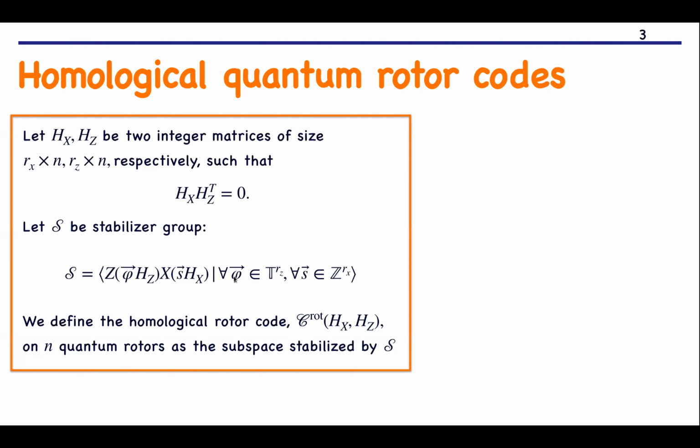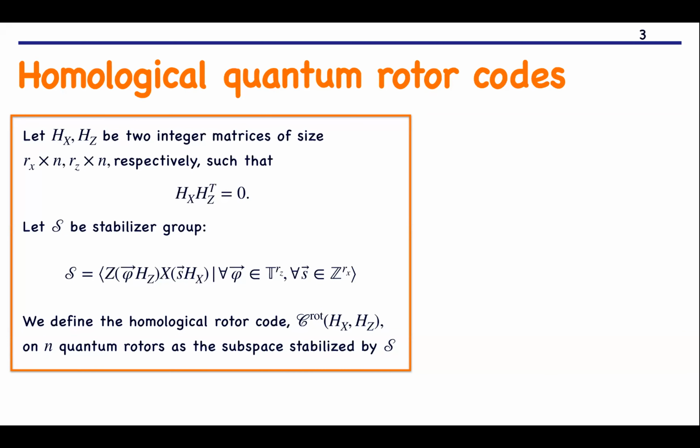But now notice that this vector phi has continuous elements in 0 to pi to the Rz, while this other one, s, has integer elements. So the homological rotor code is simply the subspace of the n-rotor Hilbert space that is stabilized by this stabilizer group.